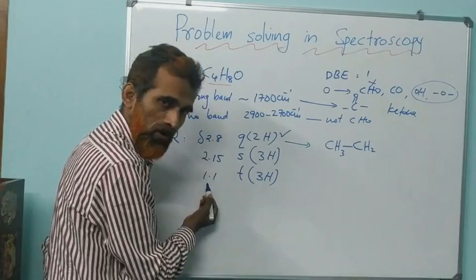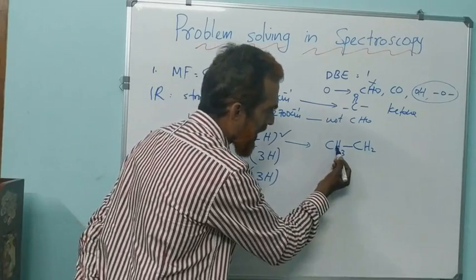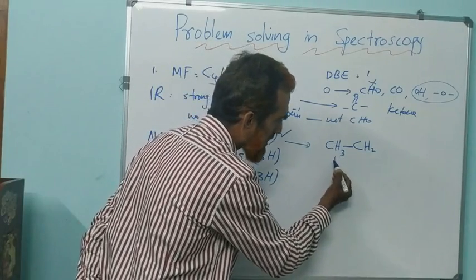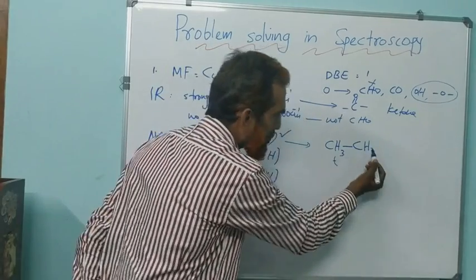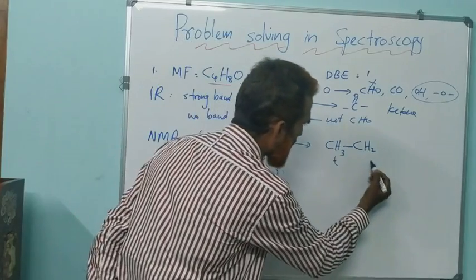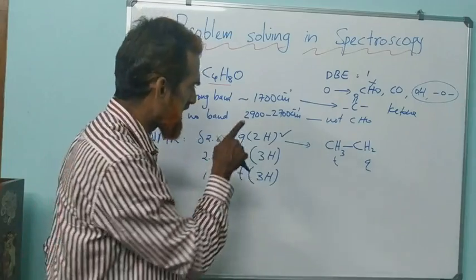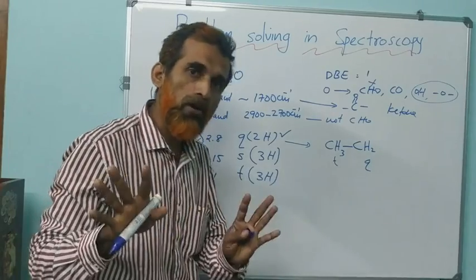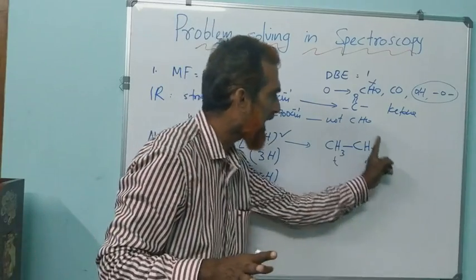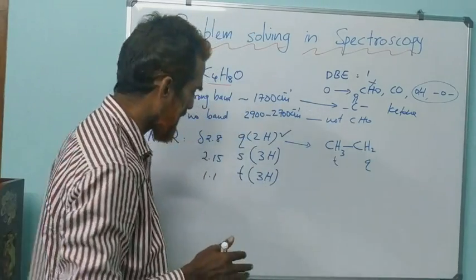At 1.1 there is a triplet for 3 protons, because of the CH2. The 2 proton quartet is because of this CH3. So whenever you see such data, a 2 proton quartet and a 3 proton triplet, it mostly contains an ethyl group.